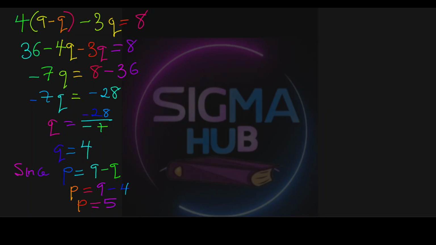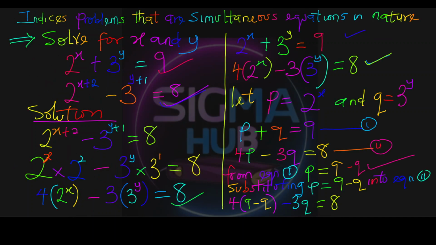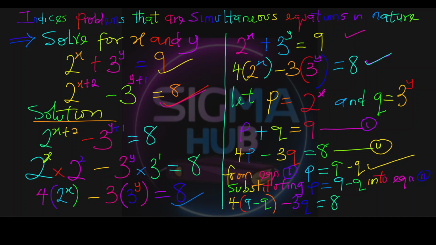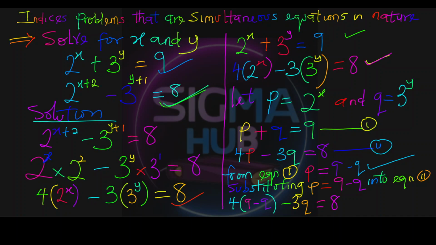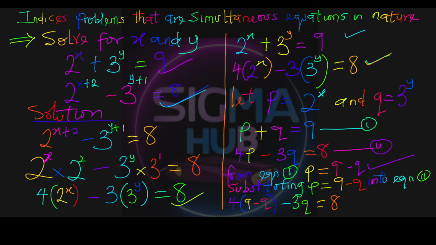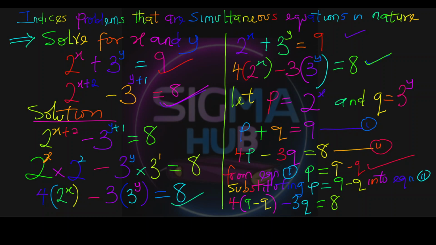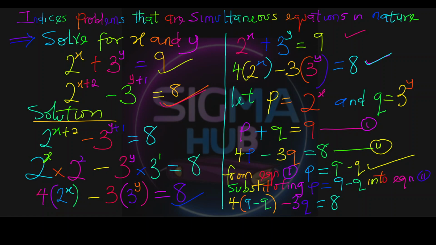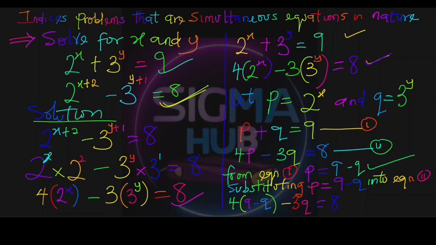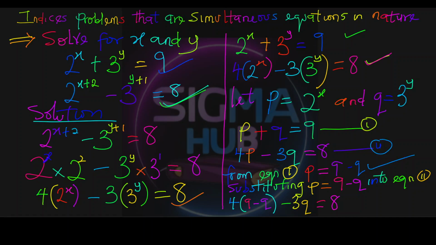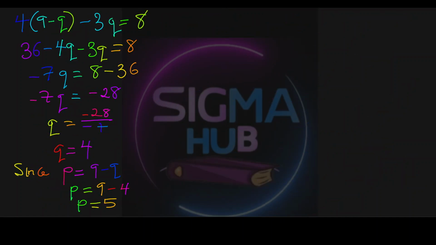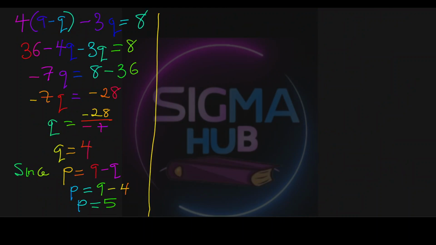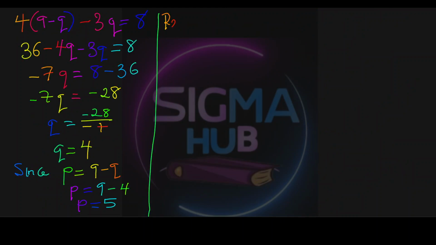And don't forget, in our question, we have represented p to be equal to 2 raised to the power of x. And as well, we have represented q to be equal to 3 raised to the power of y. So we are going to be recalling back these values.